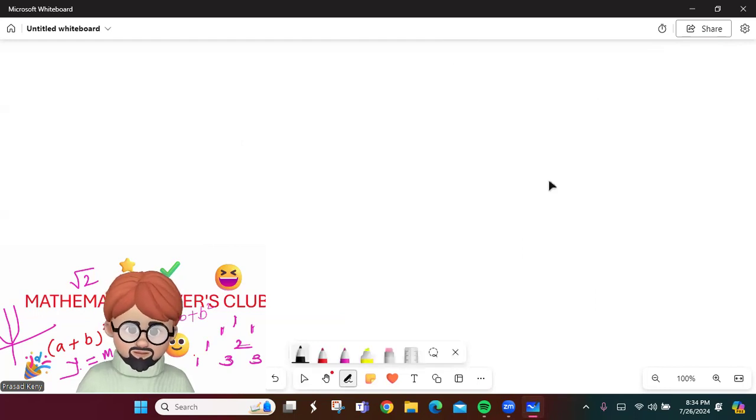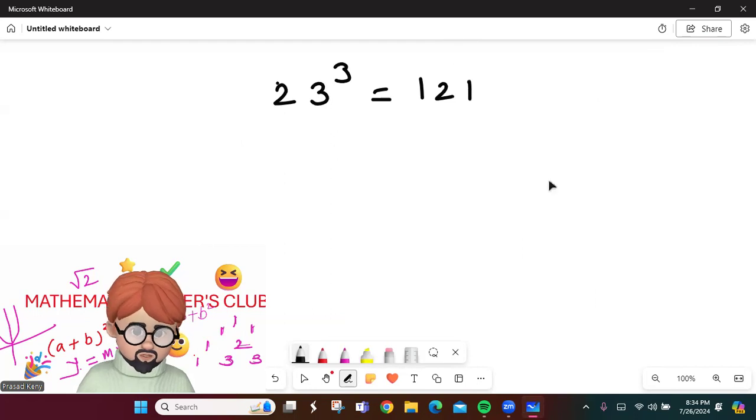So 23 cube, and check whether you are getting 12167, and 62 cube.